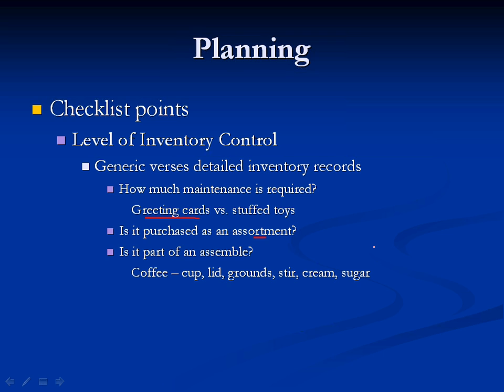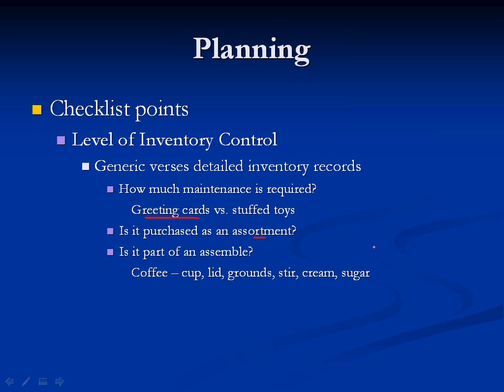Okay, is it purchased as an assortment? An example that I typically run into is the bookmarks. You can buy bookmarks in packages of six different kinds, and people want to put in each individual bookmark, which is no problem. You can do that. And so then it comes back to what goal are you trying to reach when you're creating your inventory records. So if there's a reason that is beneficial to you to put those in, absolutely can, no problem doing that.